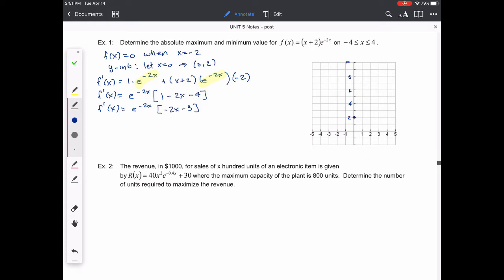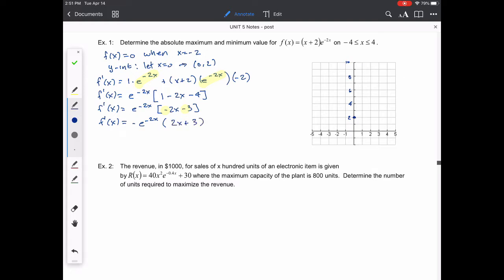But I'm going to do one more thing: factor out the negative, just to make my life a little easier. We don't have to do this, but I want to. So f prime of x is equal to negative e to the -2x times (2x plus 3).